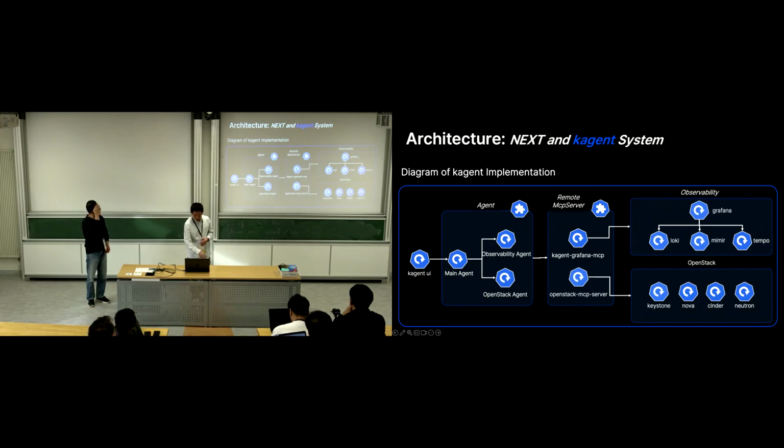Each agent communicates with each connected MCP server. The Grafana MCP server interacts with the Grafana API to retrieve observability data, while the OpenStack MCP server calls the OpenStack API to manage cloud resources such as instances, networks, and volumes.